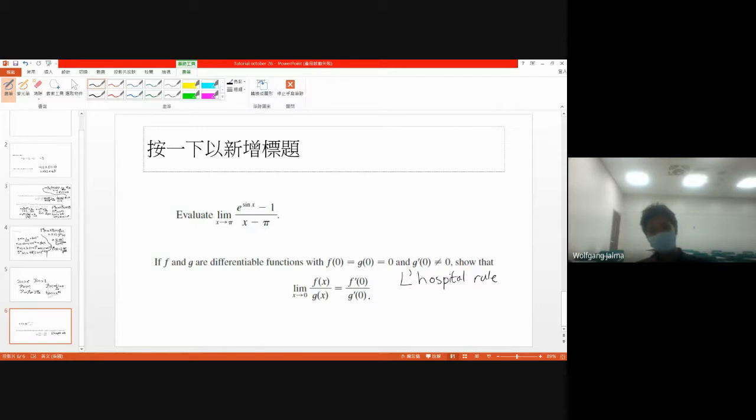It is a quite nice trick, but a warning first, because it's easy to do. If in the exam you have a limit problem, never use L'Hopital's rule unless the problem says you can use it.